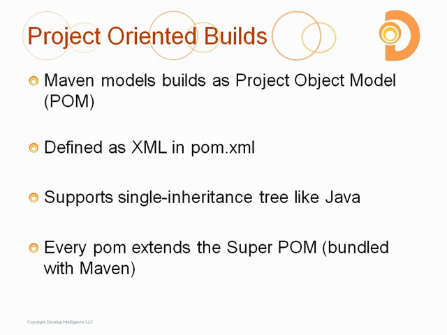So there is some inherent inheritance built into Maven, and that's important for us to recognize because from a development perspective, the super POM provides a lot of capability out of the box that we never have to worry about. In other words, it optimizes the project for us.